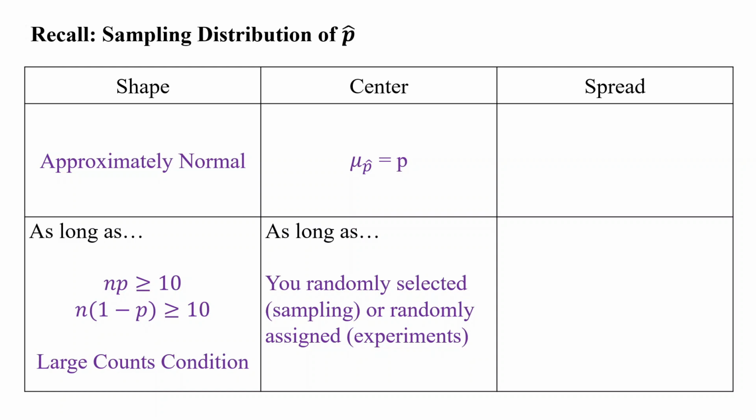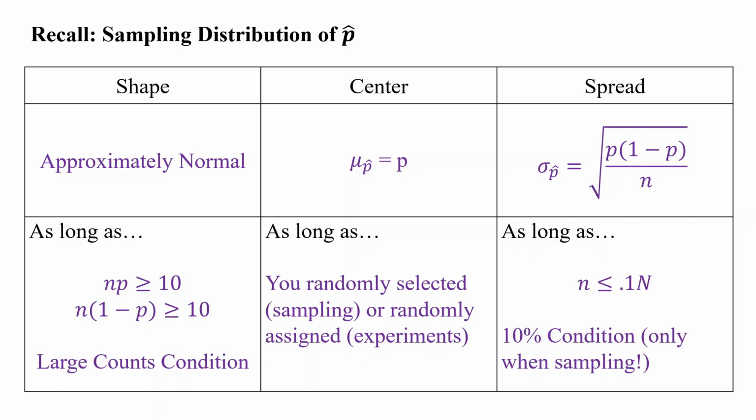Now that tends to happen more in what we're about to do today when we have two sample proportions. We tend to get that random assignment from experiments. And then spread. We had a formula for the spread of our sampling distribution using our population parameter as well as our sample size n.